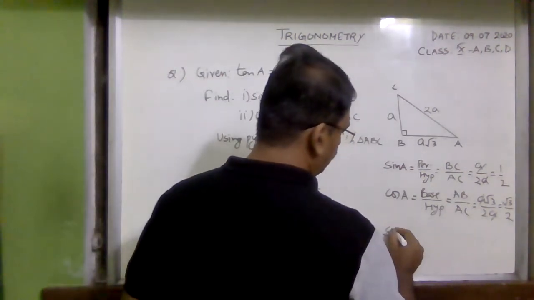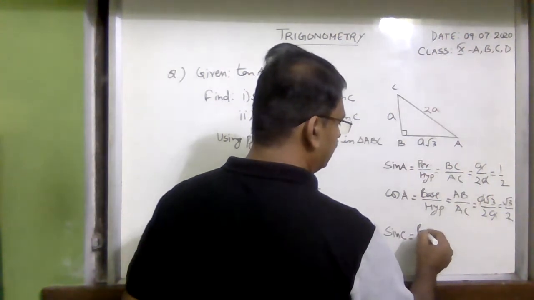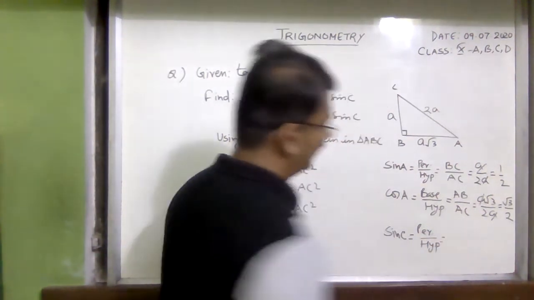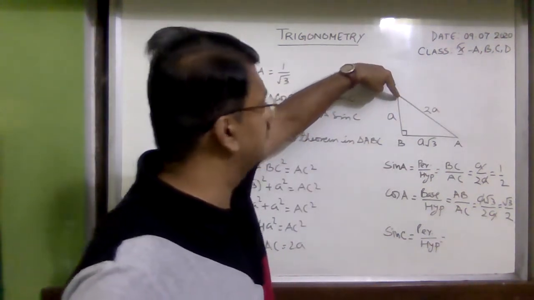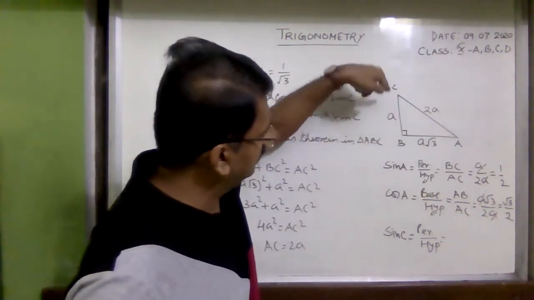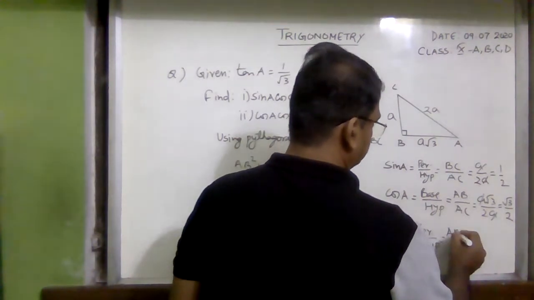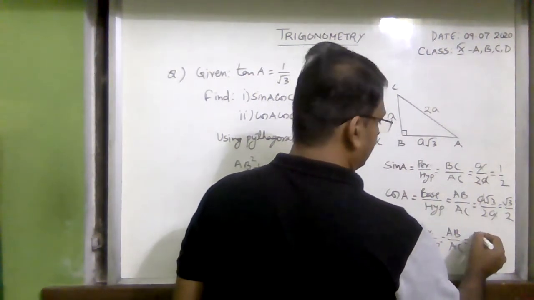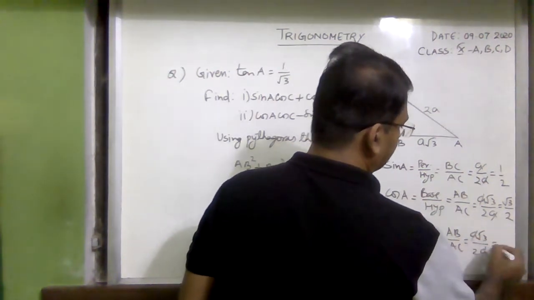Then I am going to find sin C. So sin C remains perpendicular upon hypotenuse, but now when I am talking about sin C, it means C is the reference angle. So AB becomes perpendicular and AC remains the hypotenuse. So it is AB upon AC, that is A root 3 upon 2A, that is root 3 by 2.